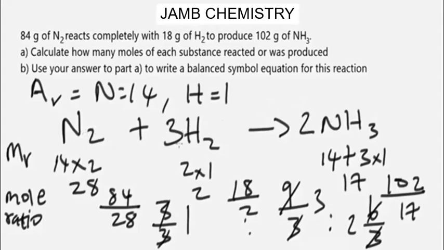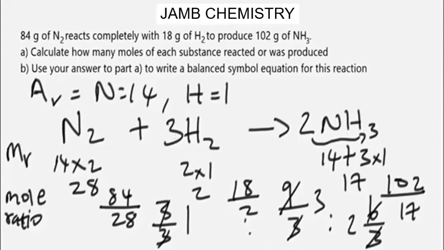We have 6 atoms of hydrogen at the left, and we also have 6 atoms of hydrogen at the right, because this 2 here is multiplying this 3 for hydrogen. So this equation is well balanced. So that's all you have to do for this question.